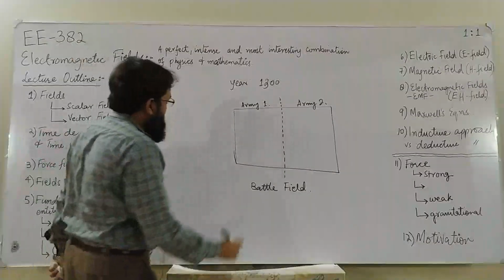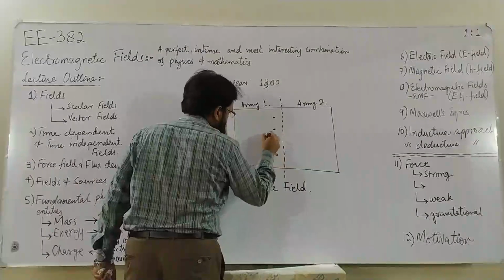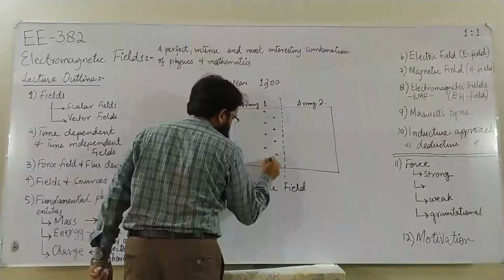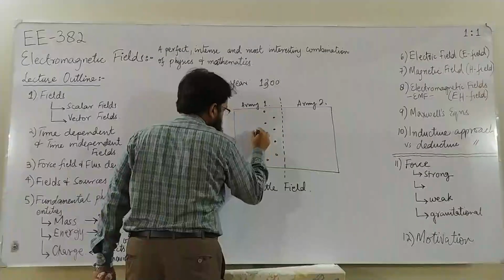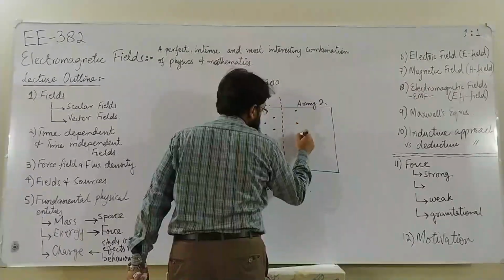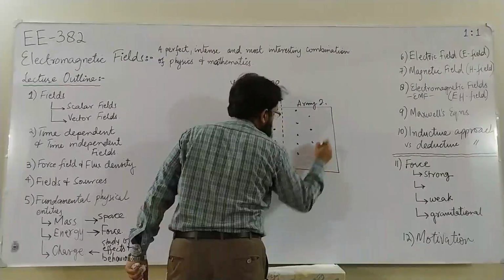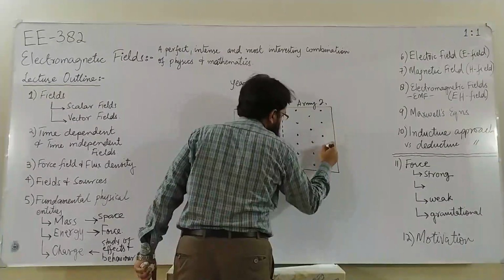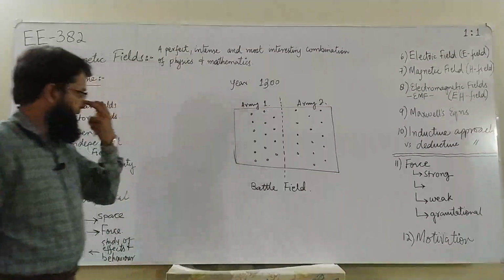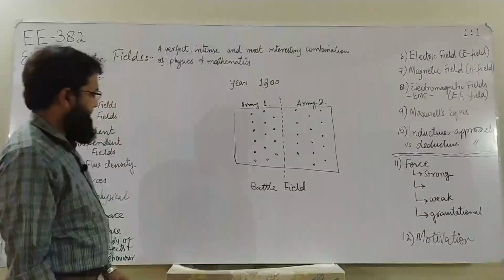Let's say these dots represent soldiers. And this is the middle dividing line.